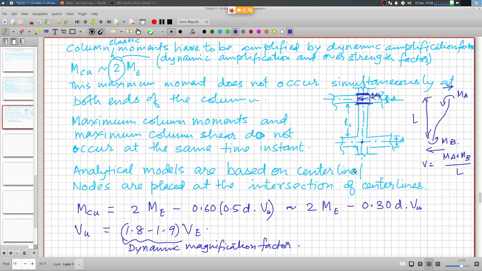And again this moment has to take into account the dynamic magnification factor, the total magnification in the maximum moment that will happen in the dynamic situation.